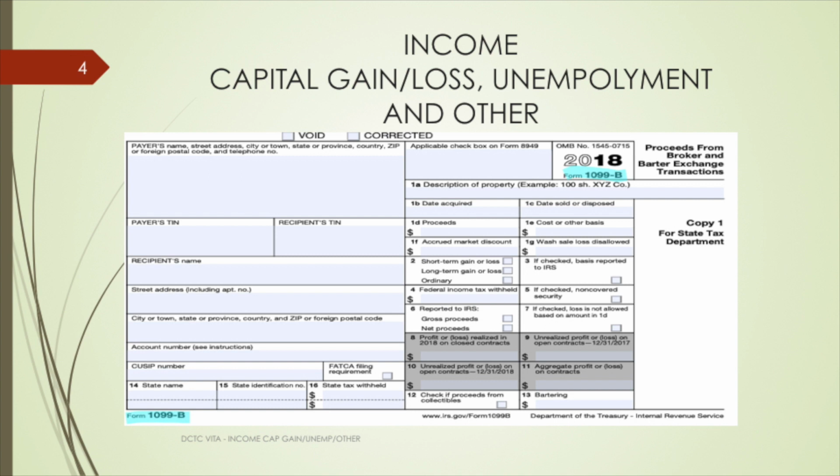Box 3 indicates the taxpayer's basis or cost of the asset and whether or not it was reported to the IRS. Of course, box 4 is the federal income tax withheld box, so you always want to pay attention there. I've only pointed out a few of the critical boxes from the Form 1099-B.